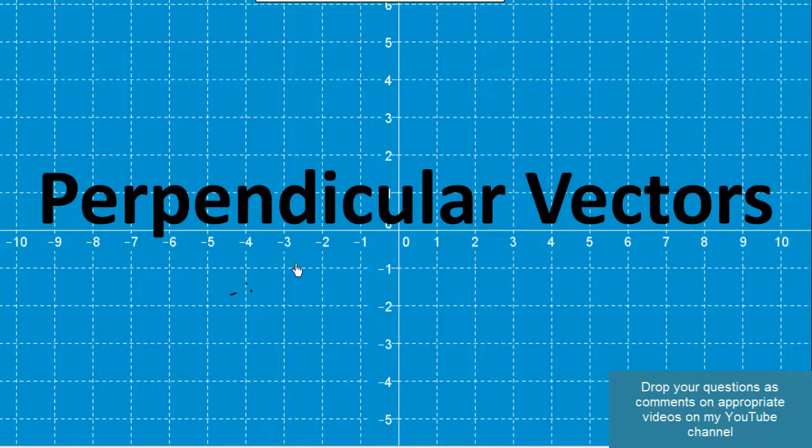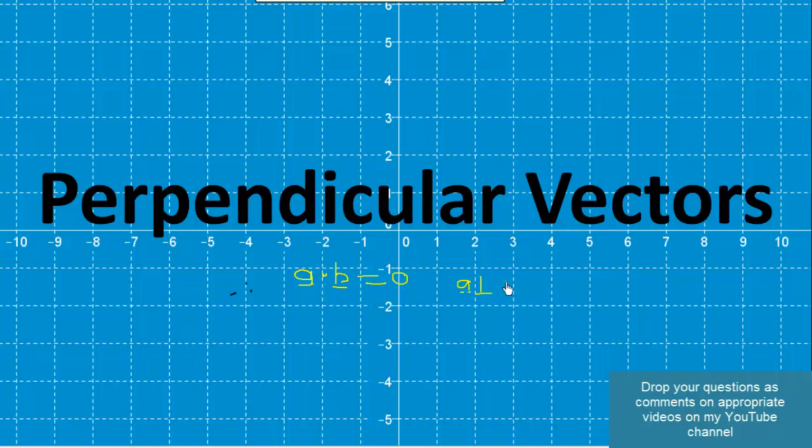Perpendicular vectors. Perpendicular vectors have something to do with the dot product. Anytime we dot two vectors, let's say vector A dot vector B, and we get the result to be equal to 0, then it means A and B are perpendicular, meaning that the angle between them is 90 degrees.